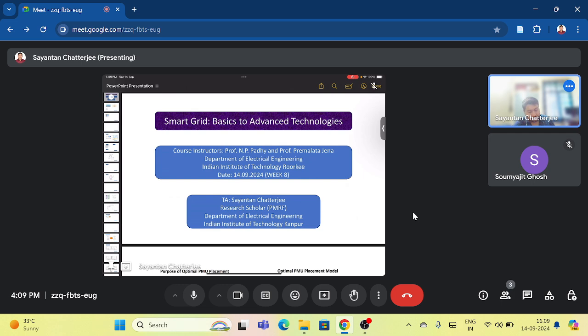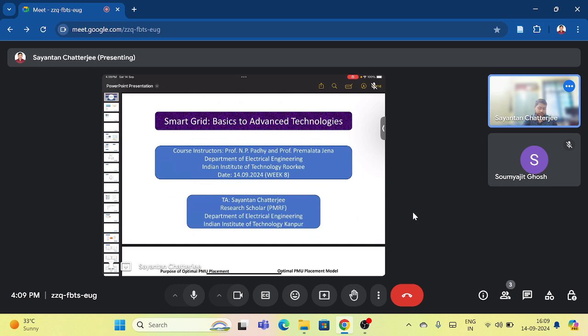mostly this discussion, first of all, what is the need of the metering placement and how the metering placement impacts the smart grid scenario, that we will be discussing first.